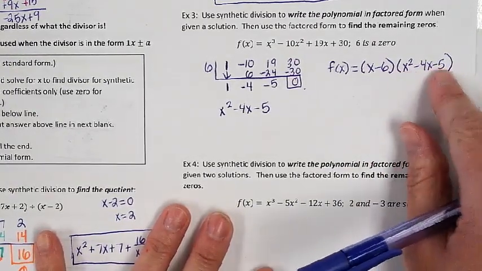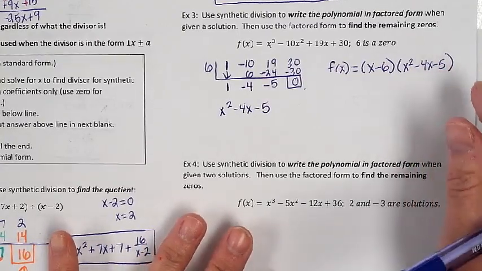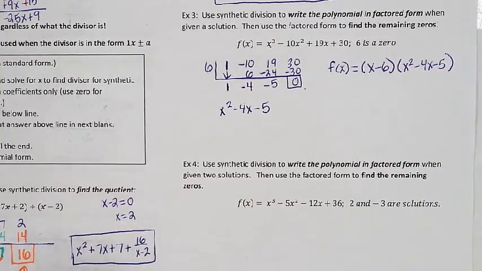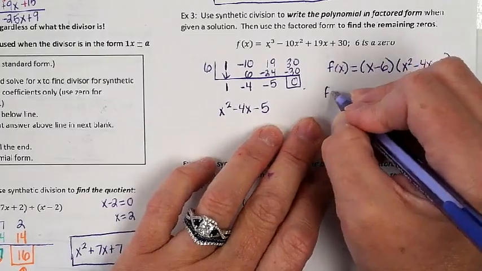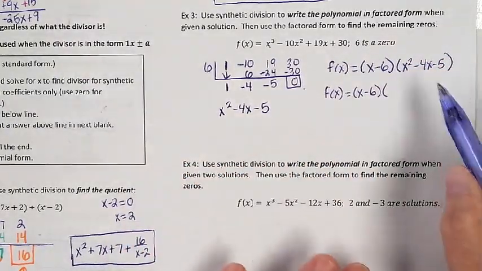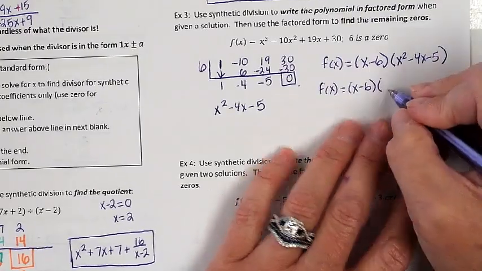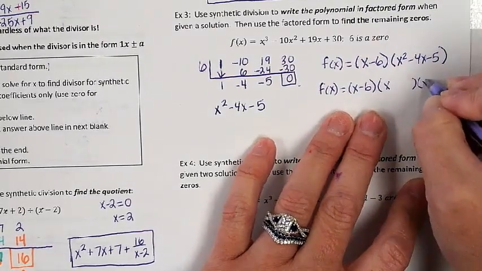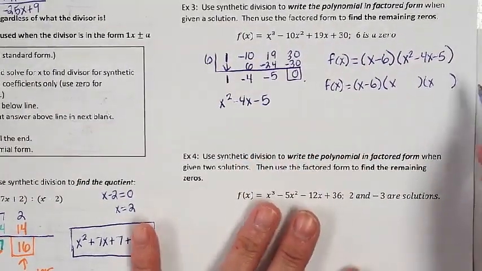So we have x minus 6, and x squared minus 4x minus 5: x and x. Well, factors of 5, the only factors are 1 and 5. We need them to add to negative 4.